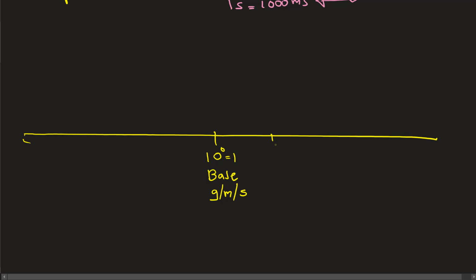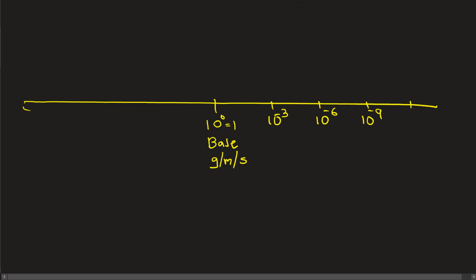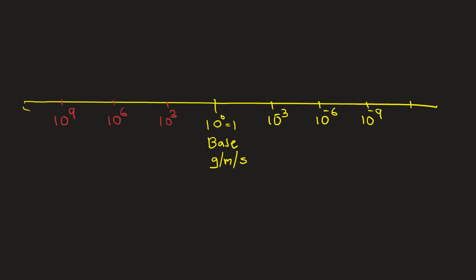Now we can have smaller multiples. That means 10 to the minus 3, 10 to the minus 6, 10 to the minus 9. You can go on. And to the right side, those are for smaller units. If we have larger quantities to measure, we can go 10 to the power 3, 10 to the 6, 10 to the 9, increasing. So we can go both directions, right? There are many more to go.